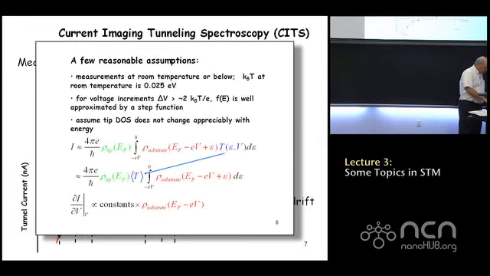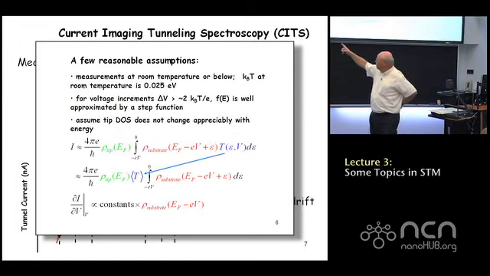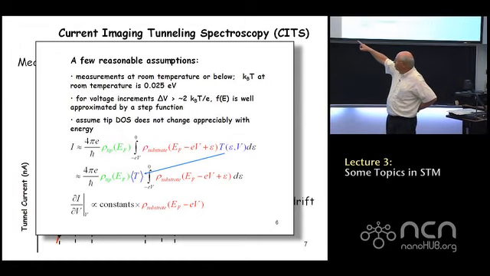So the question basically involves whether this transmission function T can be brought outside the integral and replaced by some average value of T. And the answer is, of course not, it can't. But it's very hard to evaluate the transmission unless someone tells you the exact shape of the barrier, and we don't know the exact shape, so we're left with these crude approximations.